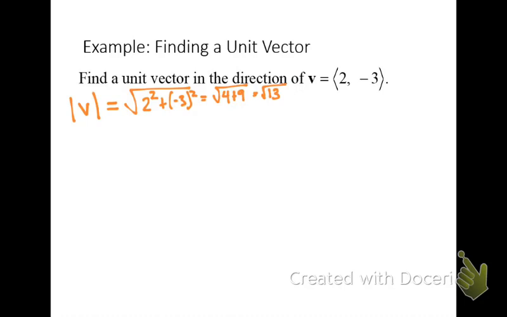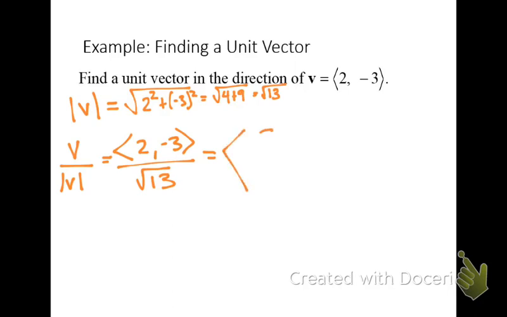So our unit vector would be taking my 2, negative 3, and dividing it by the square root of 13. That's going to be the vector 2 over the square root of 13 and negative 3 over the square root of 13.